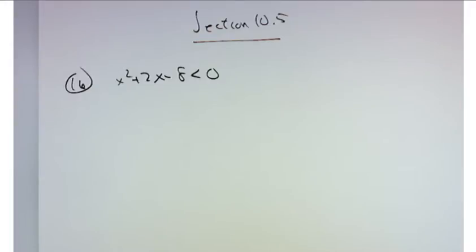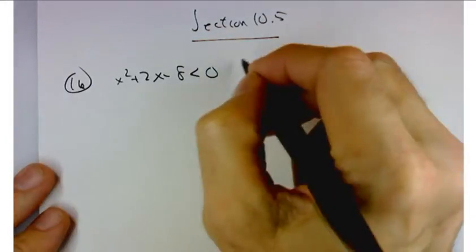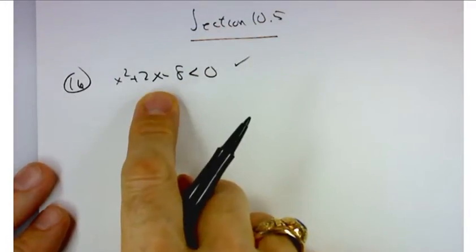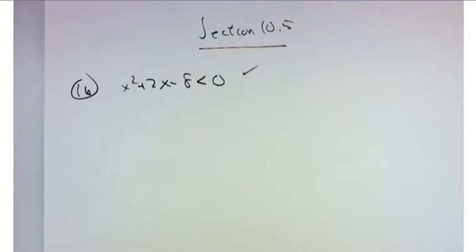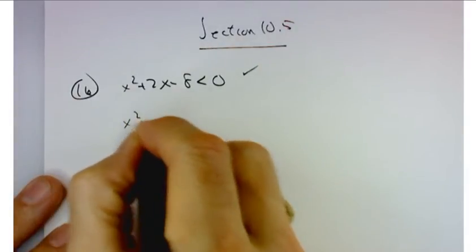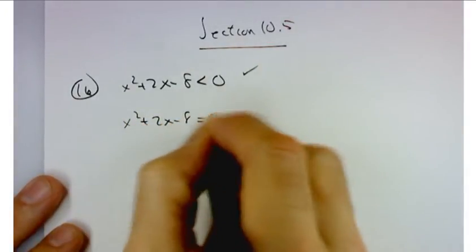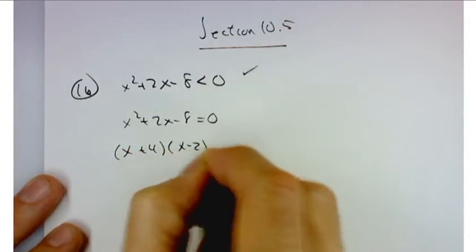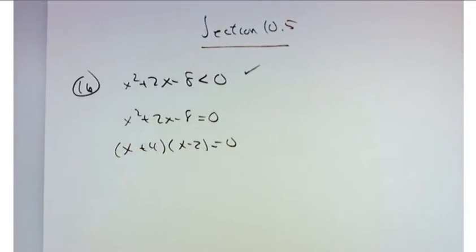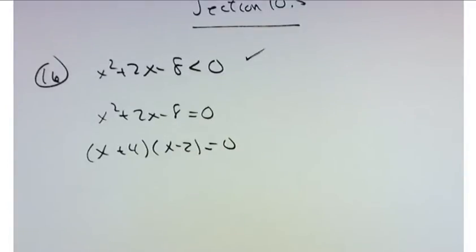Let's try this one. Now, the nice thing about this one is that I've already got 0 on one side. So the next thing to do is to what? Yeah. We're going to set equal to 0 and solve. So typically that's going to involve factoring. And I'll let you in on a dirty secret. These problems are long enough and challenging enough that I'm not going to give you something that doesn't factor.